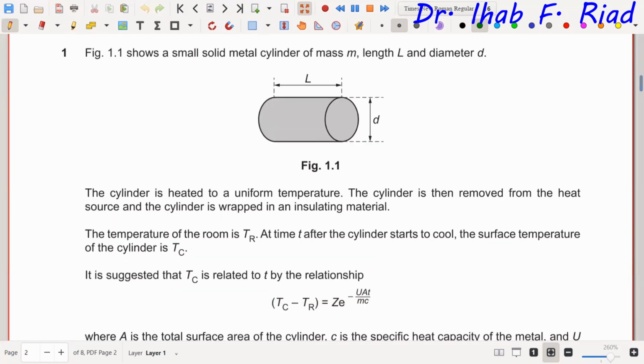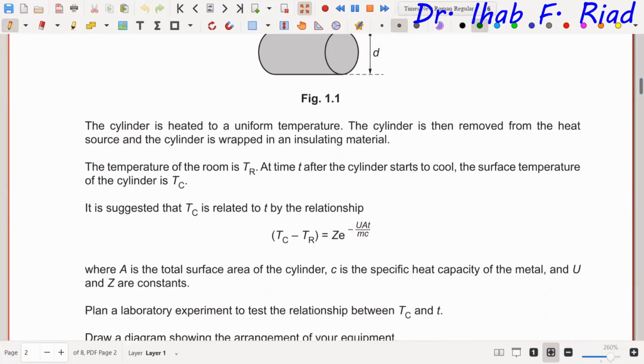So the first question goes as figure 1.1 shows a small solid metal cylinder of mass M, length L, and diameter D. So we know the dimensions of this cylinder, and it has a mass of M. The cylinder is heated to a uniform temperature.